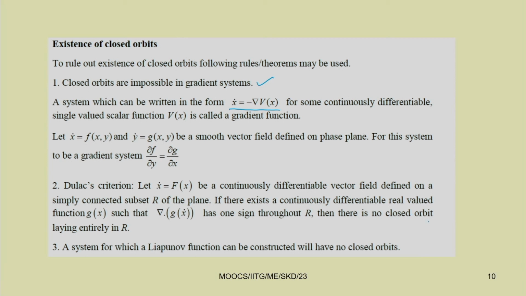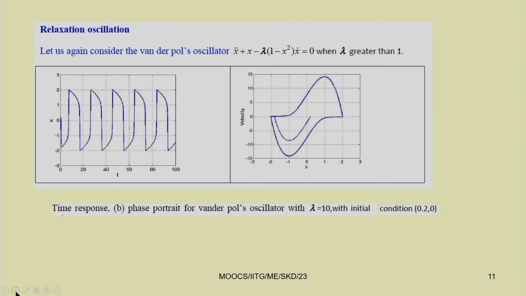These are the cases where a closed loop cannot exist, or you cannot find a closed orbit. Again we have studied relaxation oscillation. In case of the relaxation oscillation, we will have two different time scales. In one it will move slowly, and in the second it will move with very high speed. This is very clear from the velocity diagram.